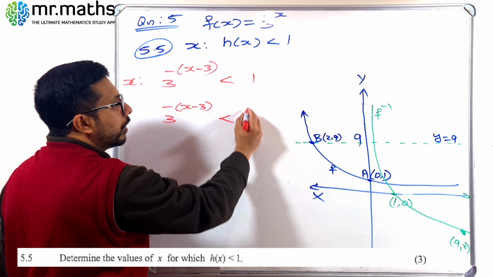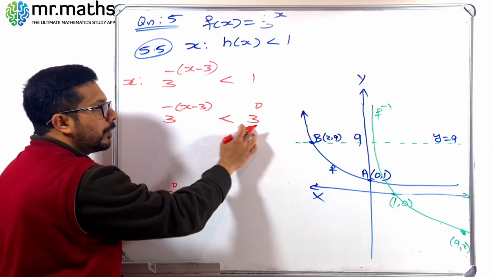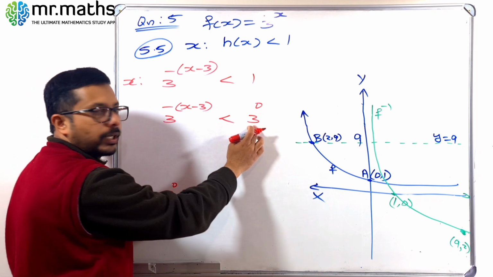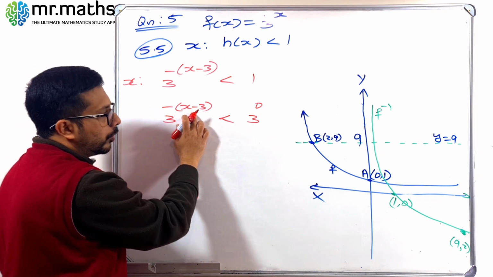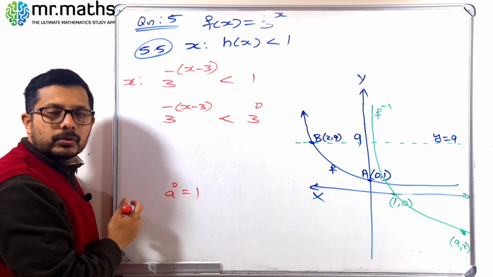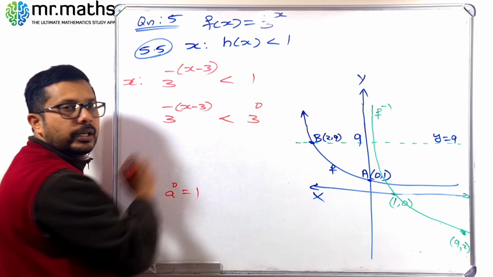So instead of this 1 we can write it as 3 raised to 0, so we will get the same base. That is why I wrote it like this. Now it's the same base, so we can equate the exponents.